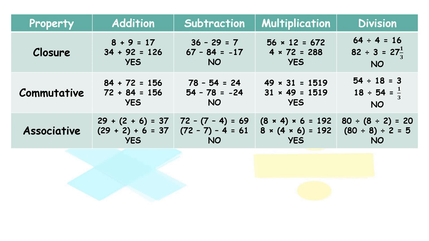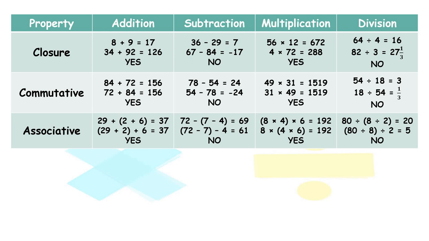Now let's come to subtraction. I have taken two examples here also. In the first case we get a whole number, 36 minus 29 is equal to 7, but in the second case we do not get a whole number, it is a negative number which is not a whole number. So closure property is not valid in subtraction, and we say that whole numbers are not closed under subtraction.